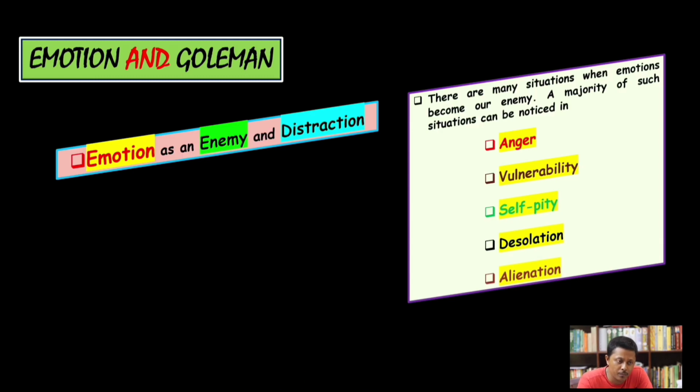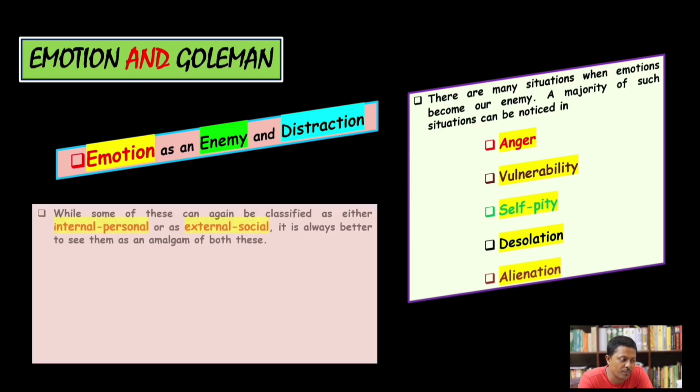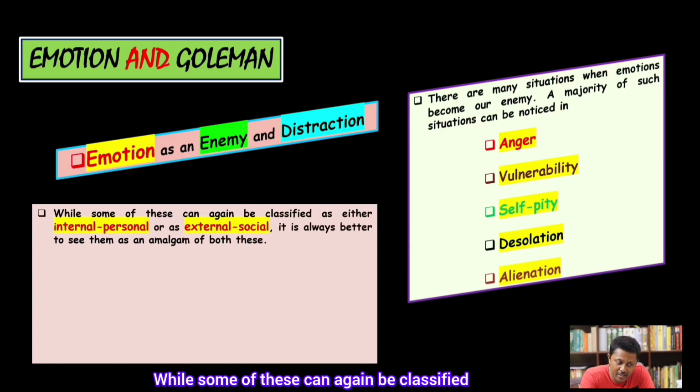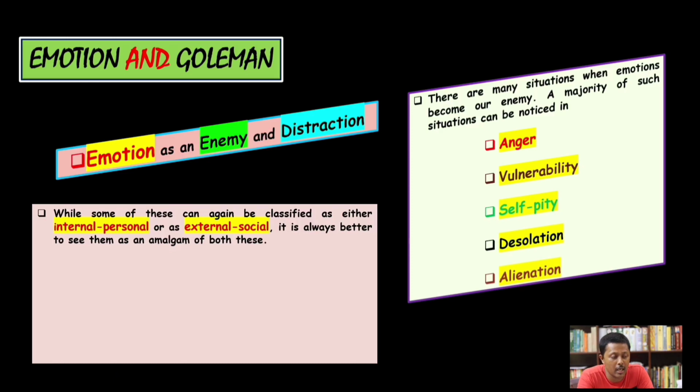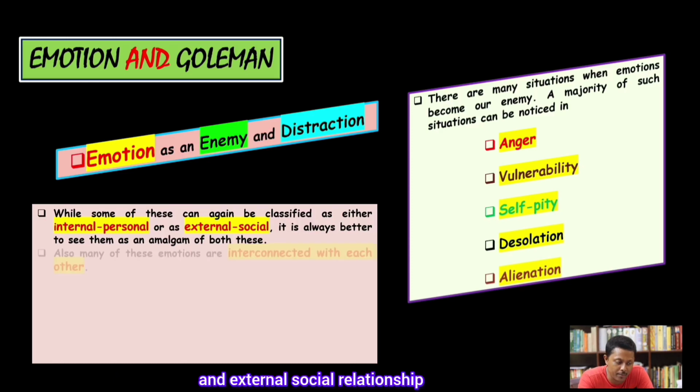So there are situations where emotions become our serious enemy. While some of these can again be classified as either interpersonal or external social, it is always better to see them as an amalgam of both, that means a combination of interpersonal and external social relationships.